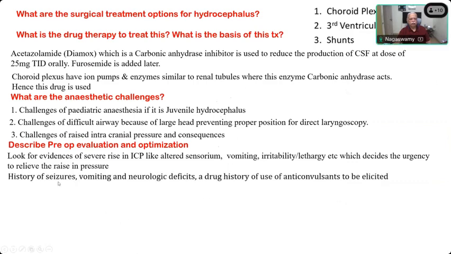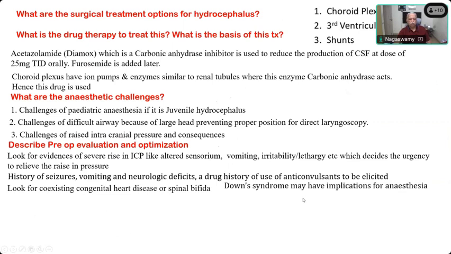History of seizure, vomiting, or neurological deficit, and whether the patient is already on any anticonvulsants, is also a very important history. And look for any coexisting congenital heart disease or spina bifida, which is an important anatomical defect. Down syndrome may be associated in some of the cases.